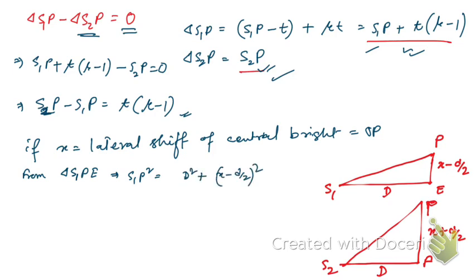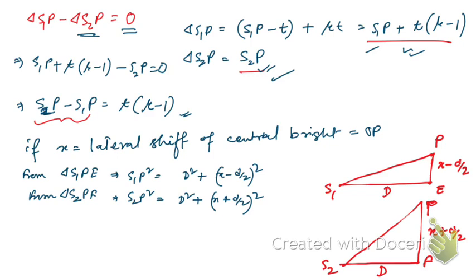On the other side, from triangle S2PF we get S2P whole square equal to d square plus x plus d by 2 whole square. That's what we're going to get.